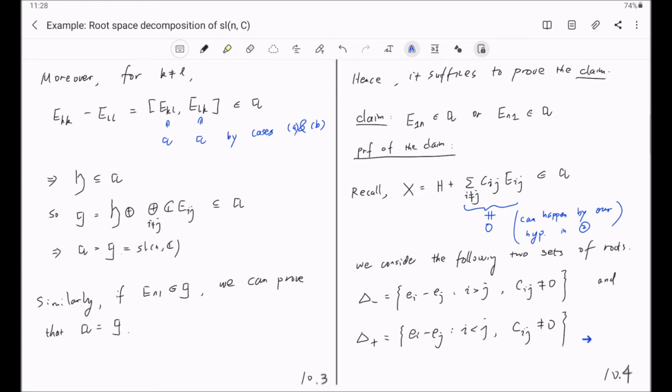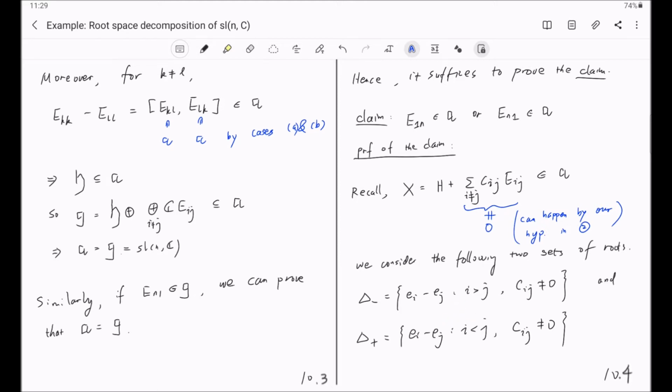I hope you guys still remember the definition for the positivity of roots. Being positive means the first non-zero coefficient of E sub i is positive. So in this case, it is positive, plus 1. And in this case, the first non-zero coefficient is negative 1, because j is less than i.